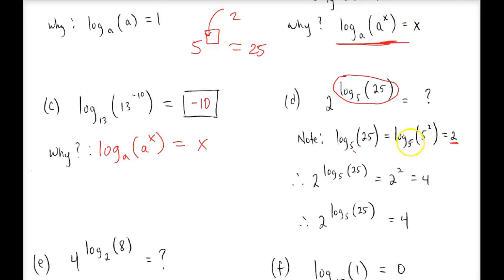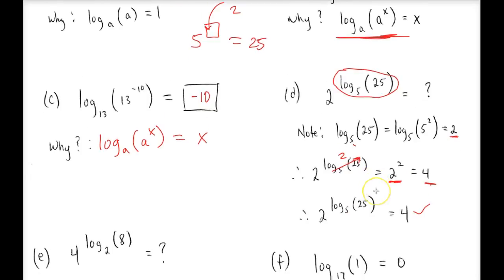So log base 5 of 5 raised to the 2 is just 2. So you can do it all those different ways. So saying all that is to say that we know log base 5 of 25 is just 2, and we know that 2 squared is 4, so 4 is our final answer there.